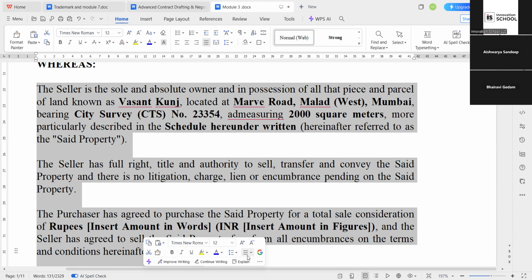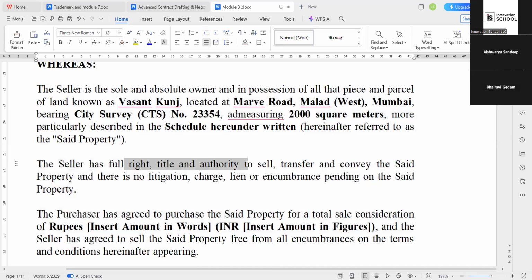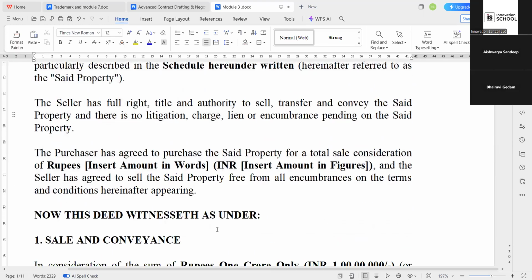Now, as I said, these are the golden words: right, title, and authority. In some places they use right, title, and authority, or we can say the seller has complete right, title, and interest to sell, transfer, and convey the said property.